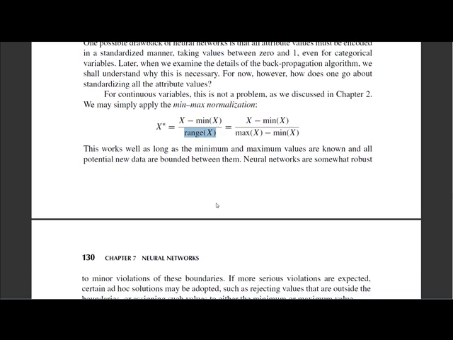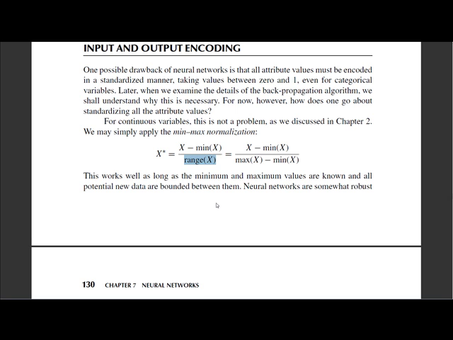So let's see, do they give an example here? No. So for example, let's say someone is 50 years old, and the minimum age in the data set is 10, and the range is, say, from 10 to 70. So that means a range of 60.